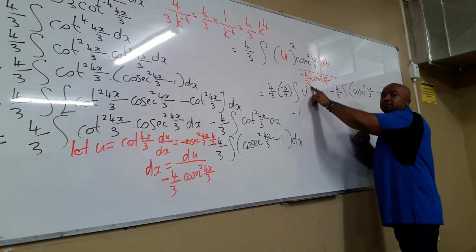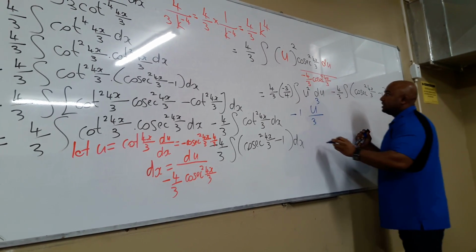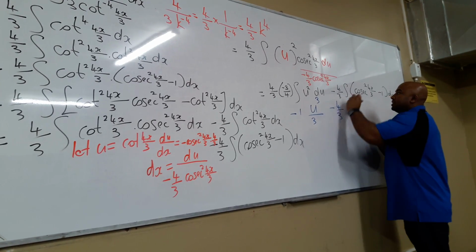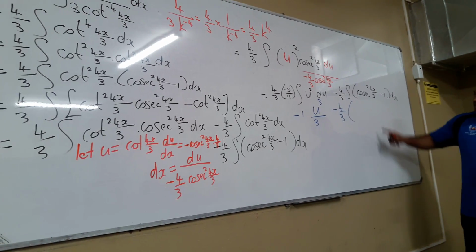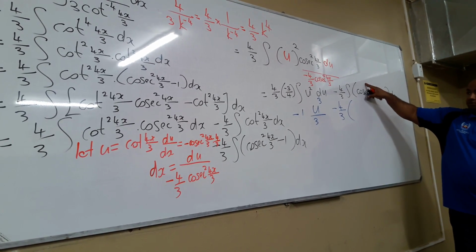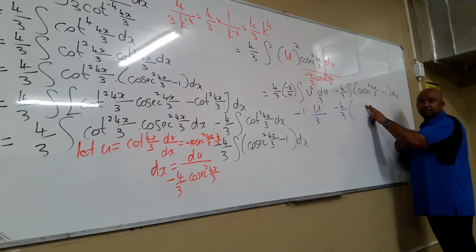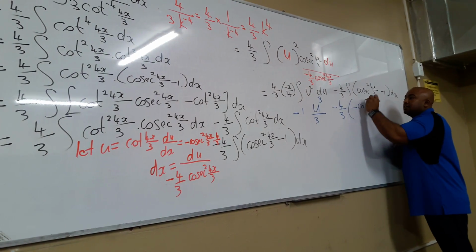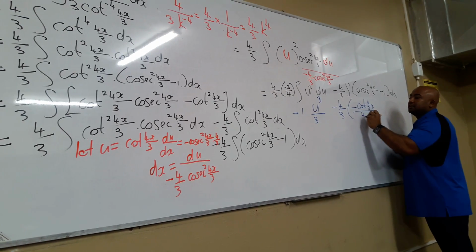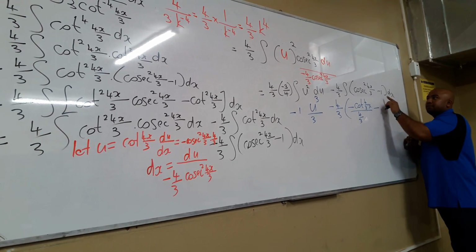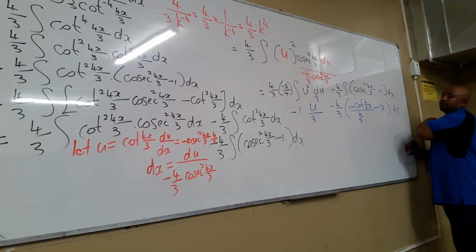Right, integrating u squared, that will be 2 plus 1, which is 3 over 3. Then I got my minus 4 over 3 here. I chose not to multiply out like that example. It's not going to make a difference. Now I'm integrating cosec squared. When you integrate cosec squared, what will it be? Minus cot 4 over 3x all divided by 4 over 3 minus, I'm integrating 1 with respect to x, which is x plus c.